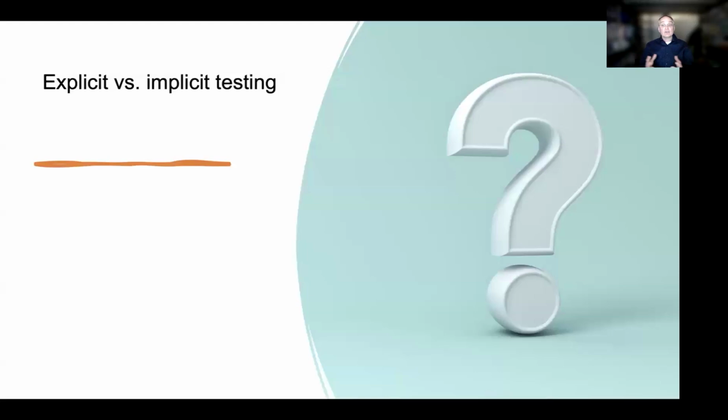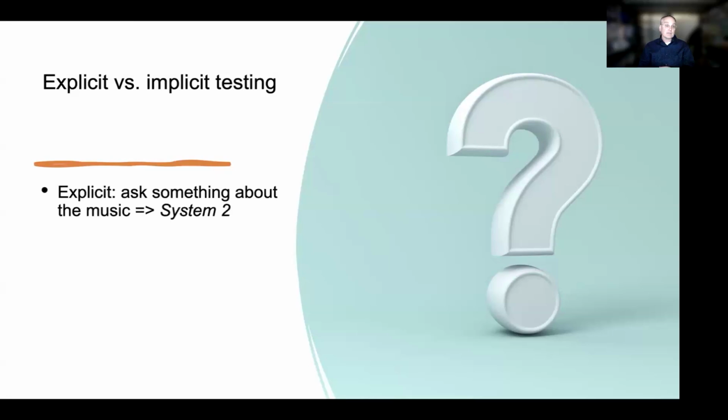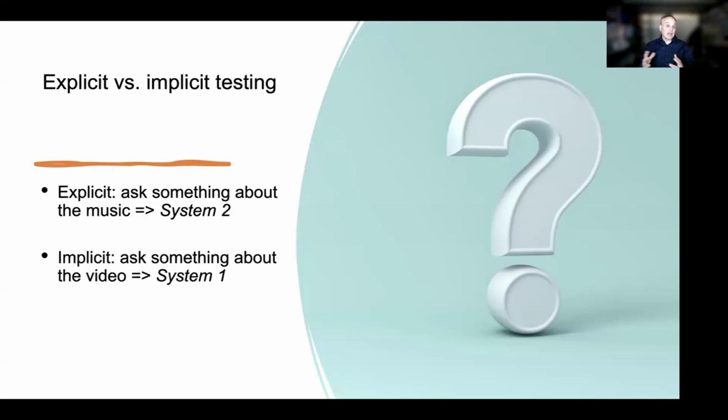And that leads us to the question of explicit versus implicit testing. So with an explicit test, we would ask someone something about the music. Please describe what you feel and what this music expresses. We would engage their System 2, their rational system. On the other hand, with an implicit test, we ask someone about the video and engage their System 1.